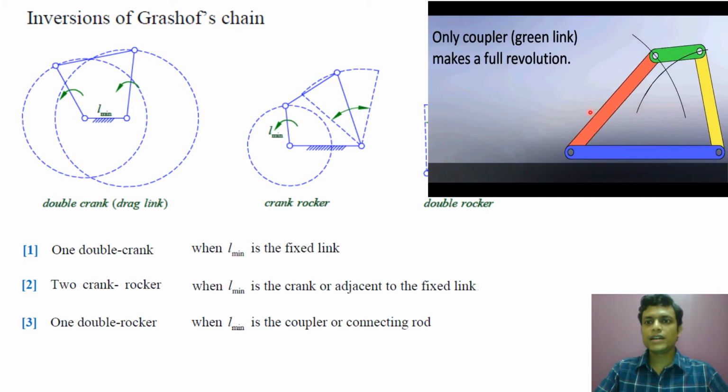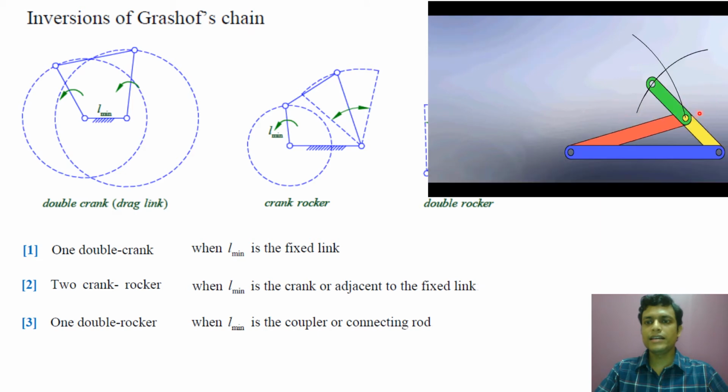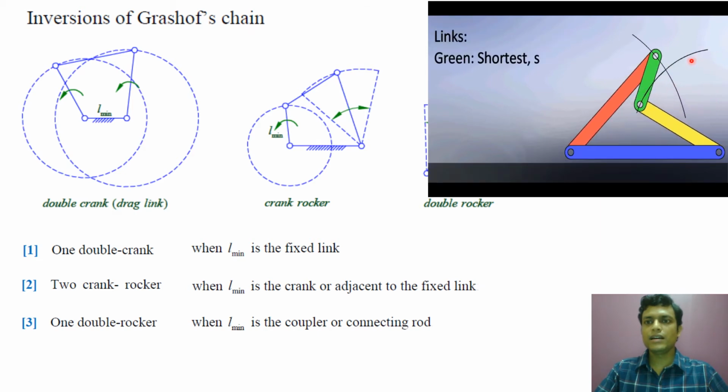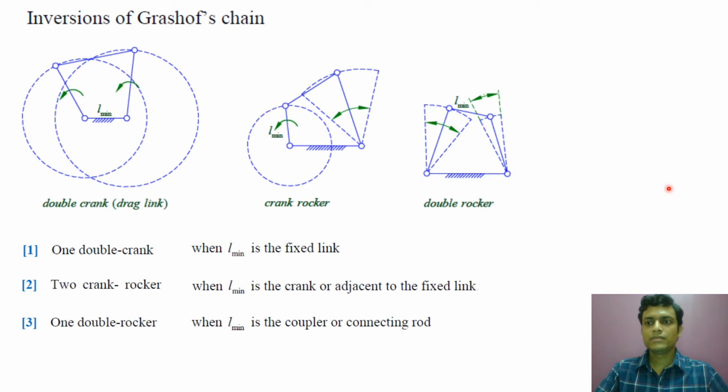Both crank and follower, that is the red link and yellow link, are making an oscillation only, and cannot make a full rotation. So we have explained all inversions of our Grashof chain.